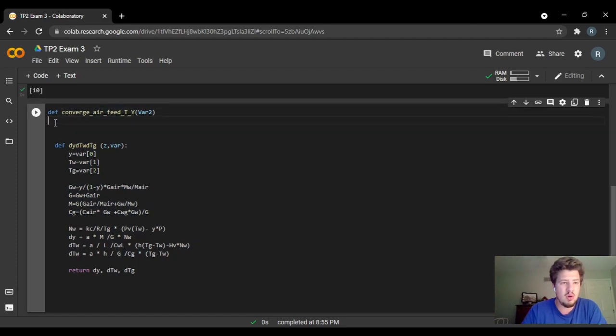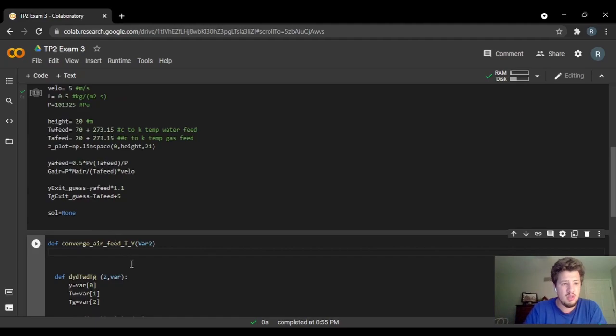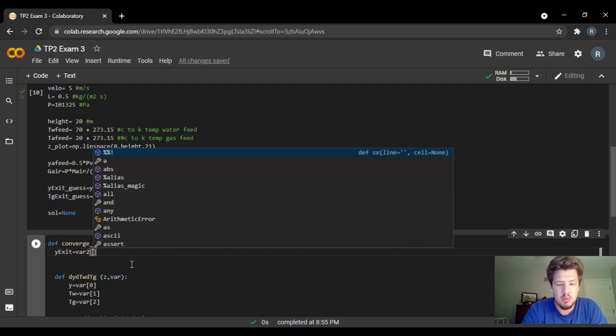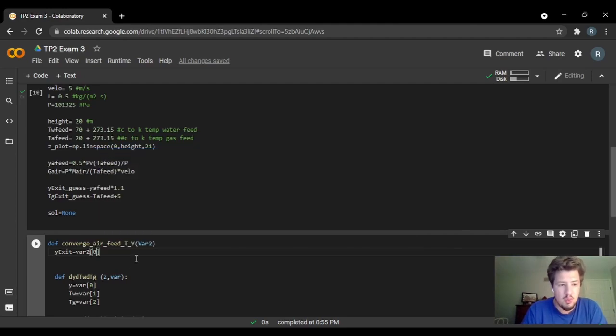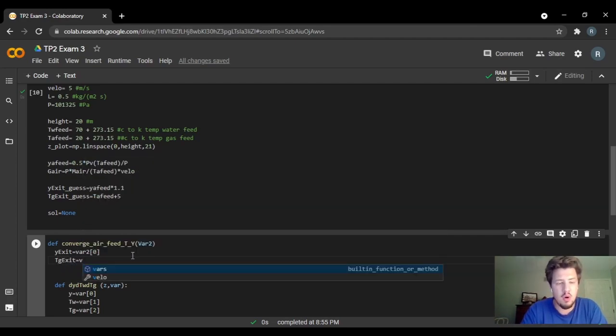We need to give our values our initial guesses, so it won't be guesses anymore. So y exit is equal to var 2 in the first position, and then we have the Tg exit var, and var is just a variable name, nothing important.